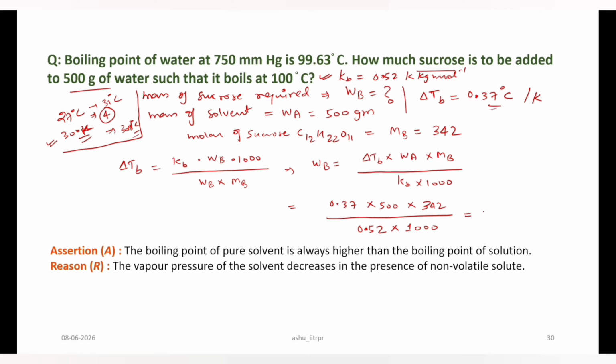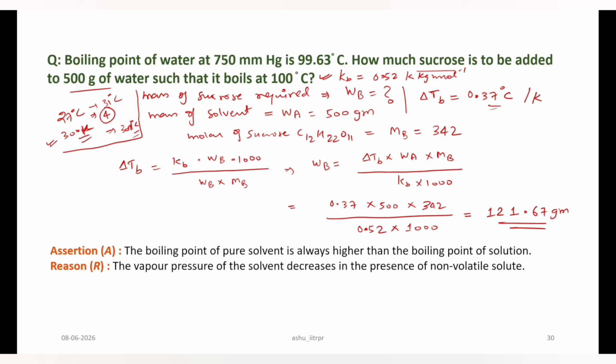When you solve this, the weight of solute comes out to be 121.67 gram. So this is the result. That means this much amount of sucrose is to be added to 500 gram of water so that it boils at 100 degrees Celsius.